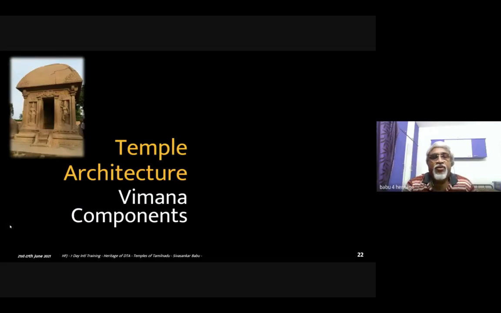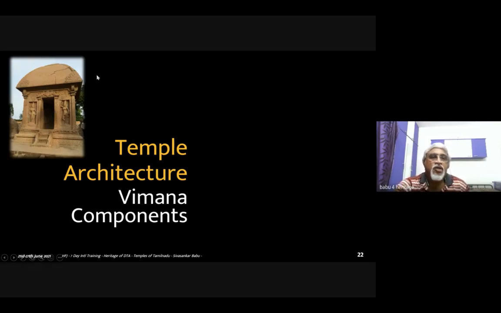Now we are coming to Vimana. In Vimana components, Vimanas were earlier structured in wood, mortar, and brick.